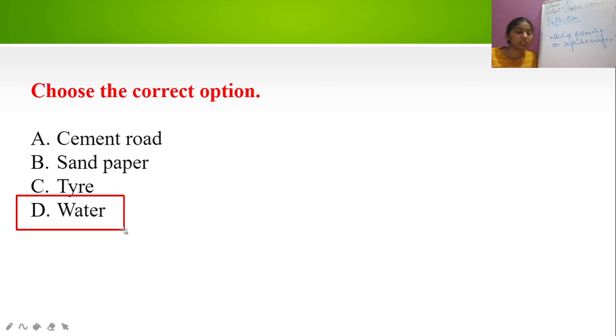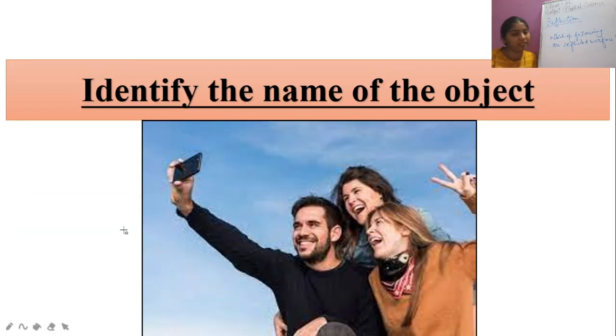Now let's come forward. See, identify the people, what they are doing, which object they are using, and what practice they are doing. You have to tell me. Yes, they are taking a selfie, and you can see their smiley faces.